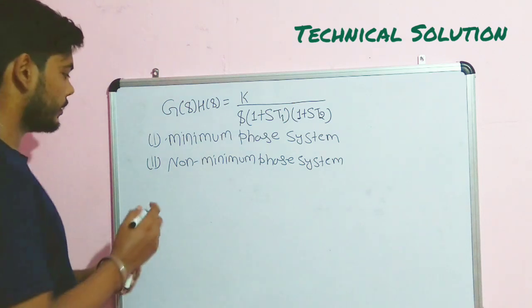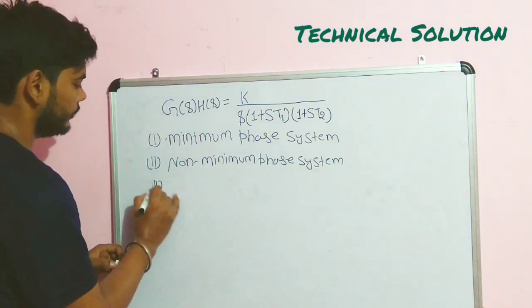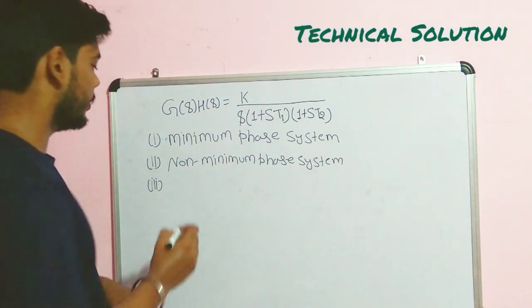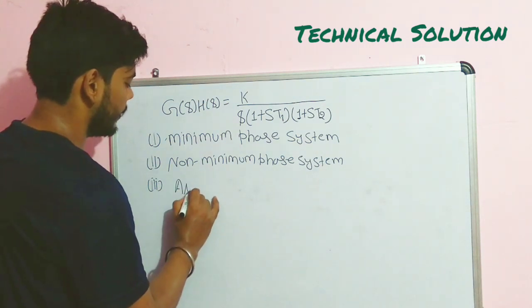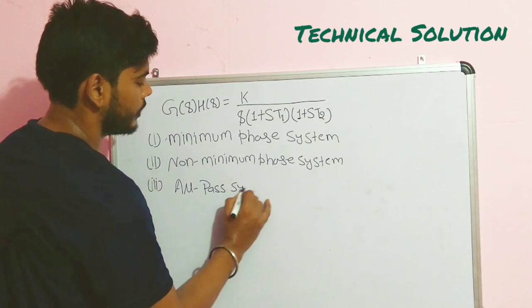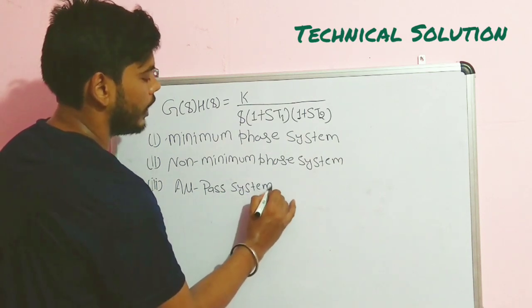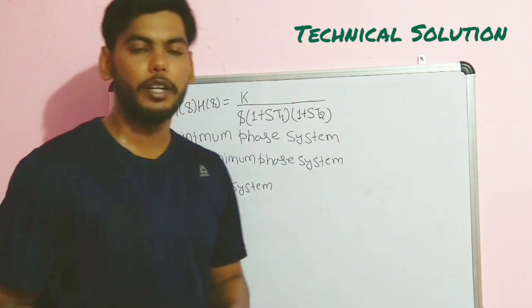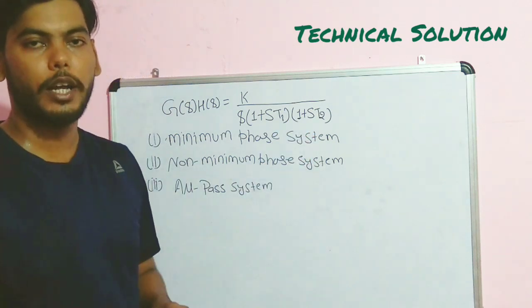Now the third one is the all pass system. An all pass system is just a mirror image with respect to the jω axis.